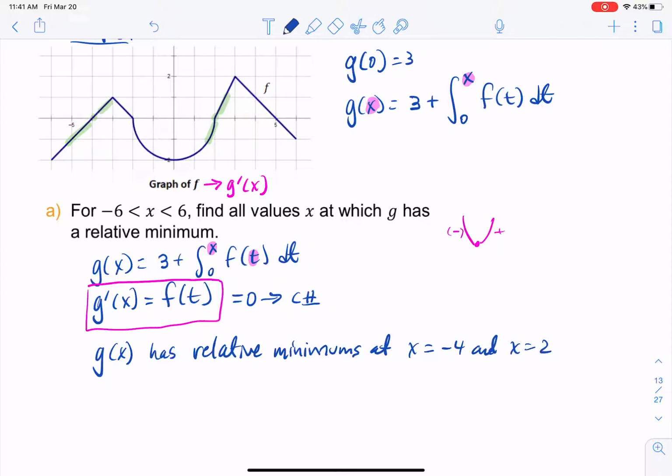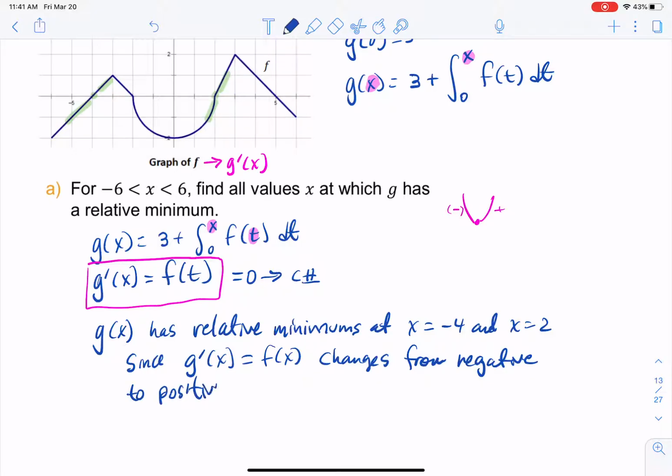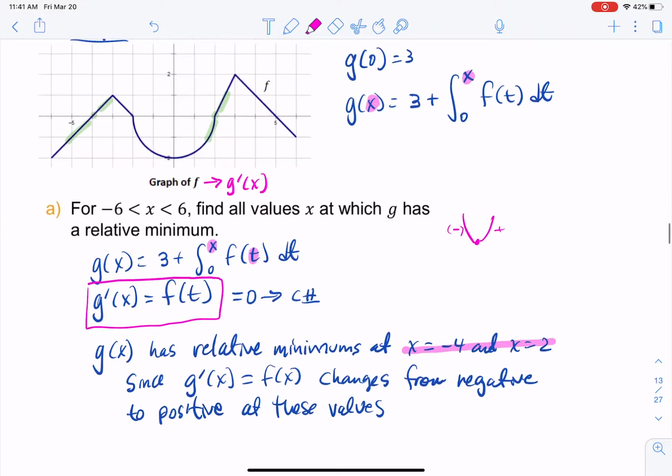And now we need to justify it always, since g prime of x, which is equal to f of x, changes from negative to positive at these values. So here are two answers for this particular question. And then providing that justification, it's essential.